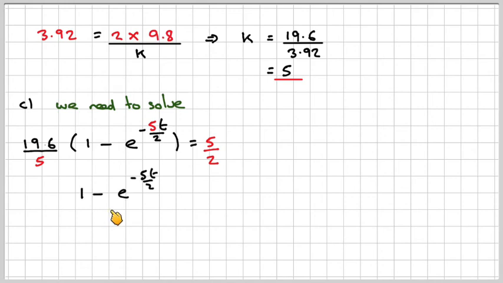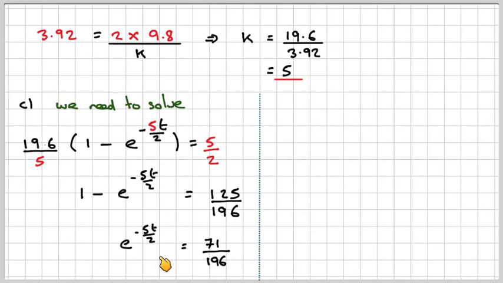So 1 minus e^(-5t/2) is equal to 125 over 196. That gives e^(-5t/2) equal to 1 minus that, which gives 71 over 196. Just use the fraction button on your calculator.